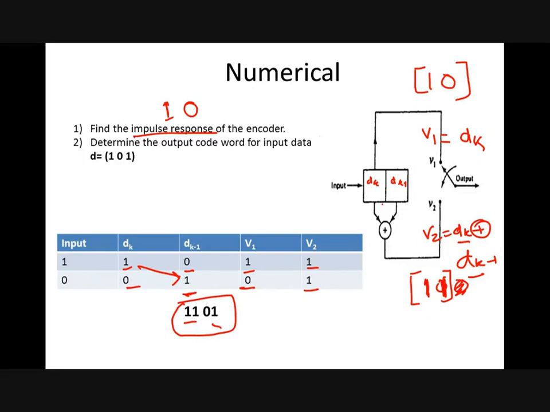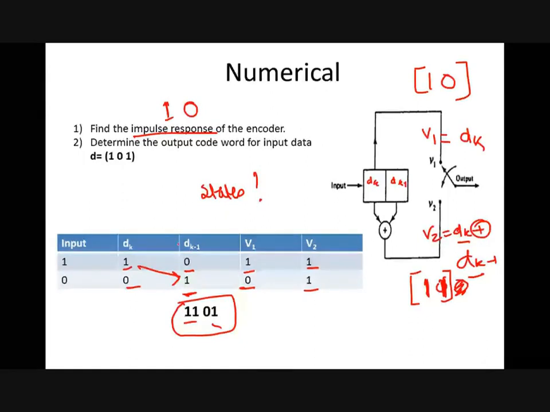Now, if you have to find the ASM chart for this, how many states will be there? Two states.